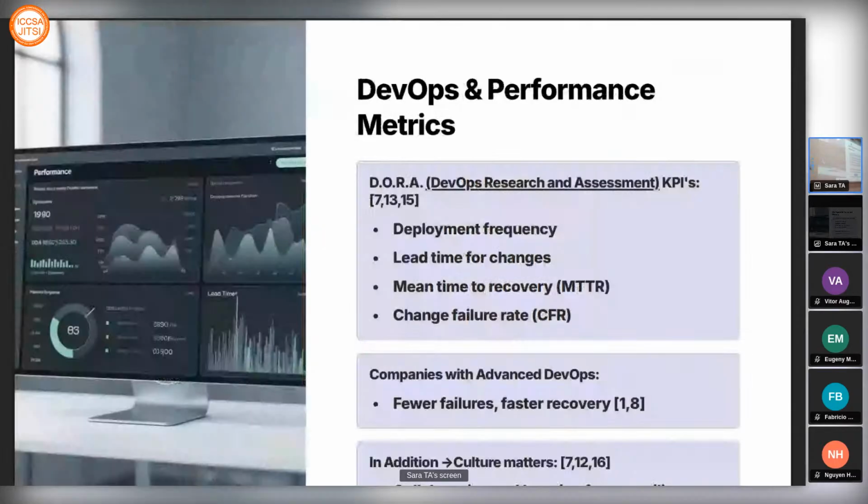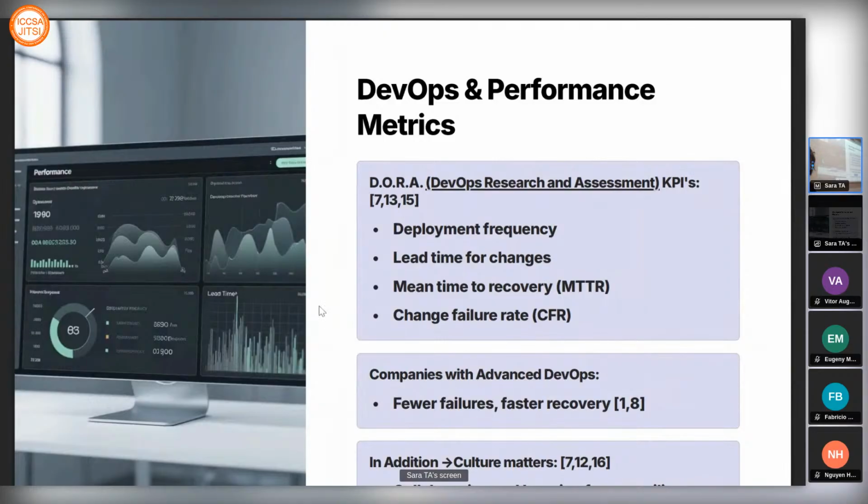Regarding DevOps and performance metrics, we have, for example, in the literature, the DORA metrics, which stands for DevOps Research and Assessment. Among them, we have deployment frequency, lead time for change, mean time to recovery, and change failure rate. They are all consolidated metrics in the literature.